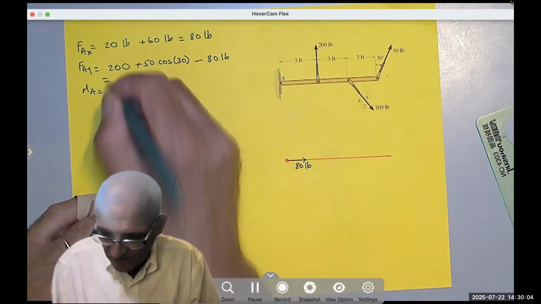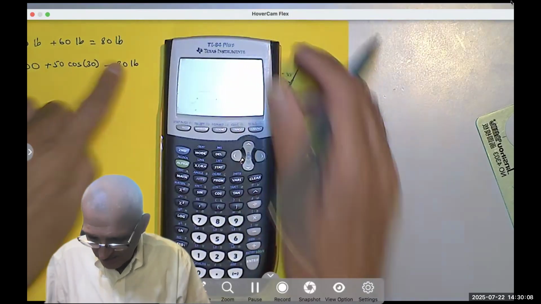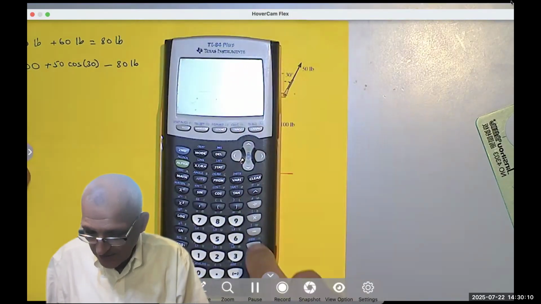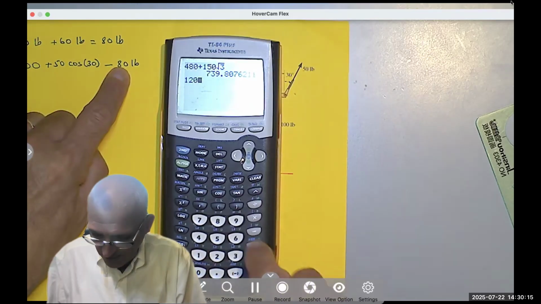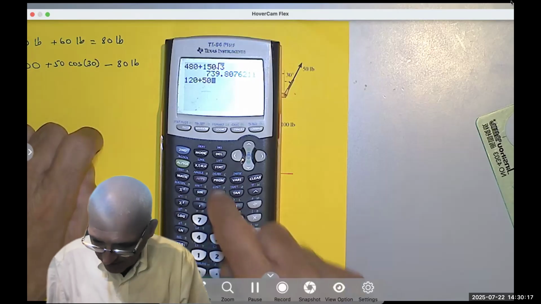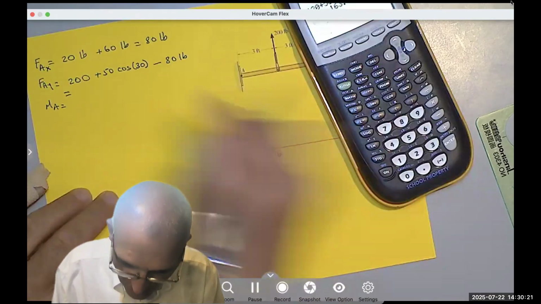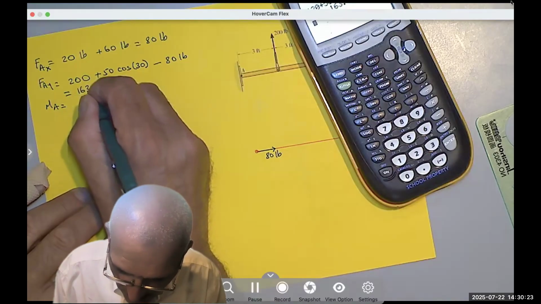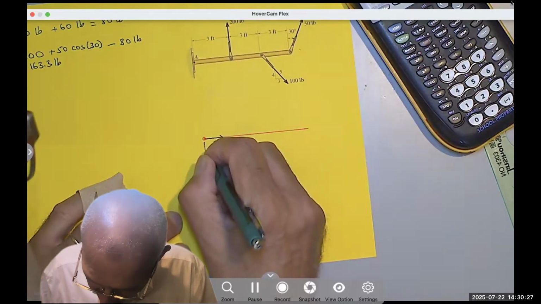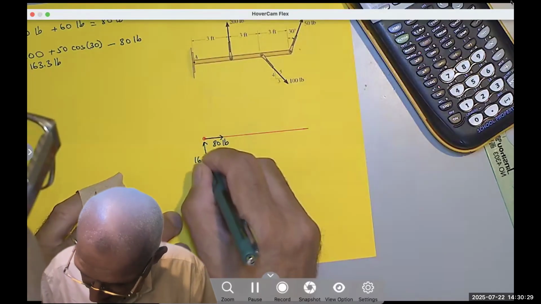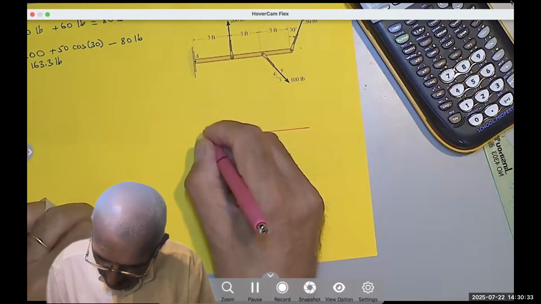So that equals 120, which is the 200 minus 80, plus 50 cosine 30, or √3/2. So you get 163.3 pounds going up. And this is just the support.